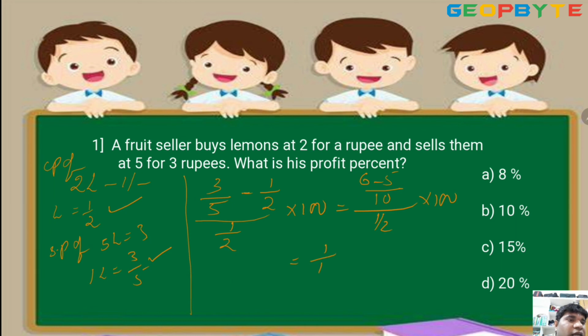So 1 by 10, this fraction ulta, reciprocal, 2 by 1 into 100. So 2 fives cancel. 1 by 5 into 100. That is 20%. Answer, profit. Okay, students. This is the method. 3 methods.